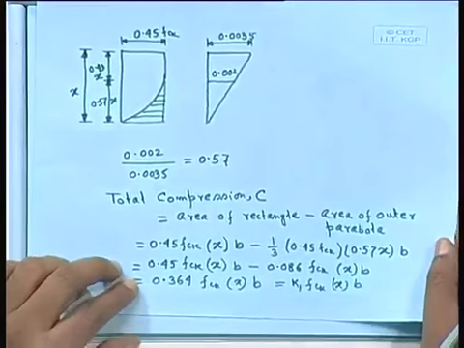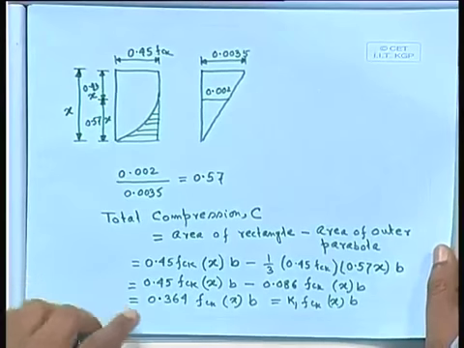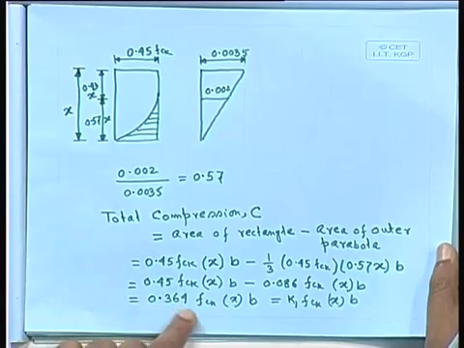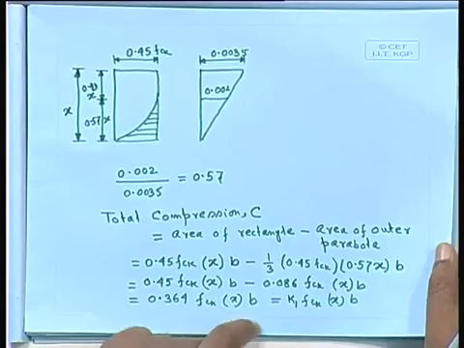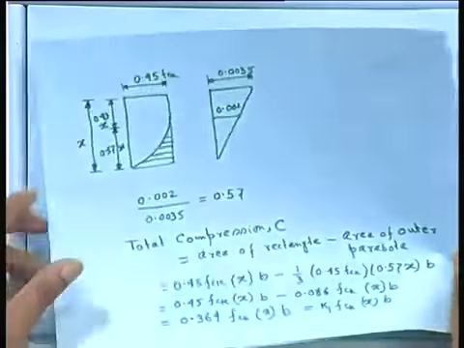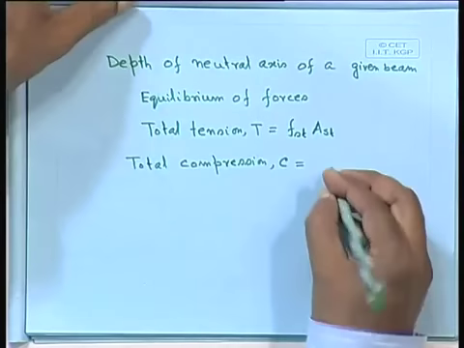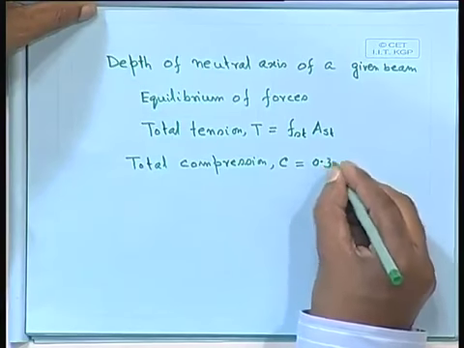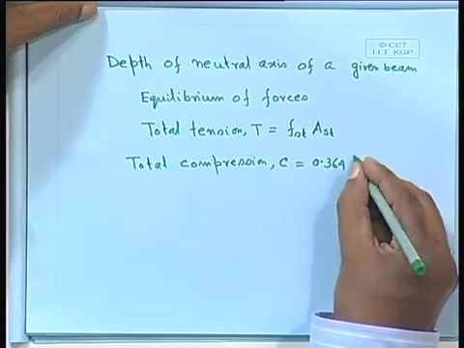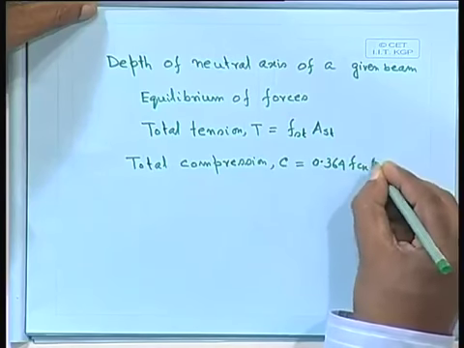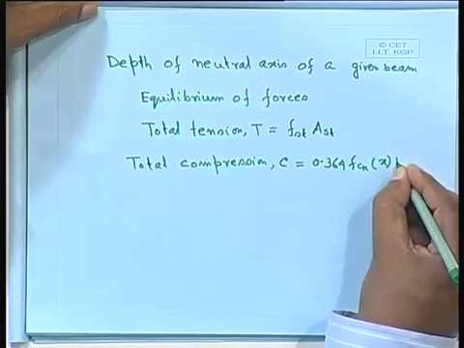we have derived here to show you total compression C equal to 0.364 fck xb. So, let me copy it here, 0.364 fck xb.